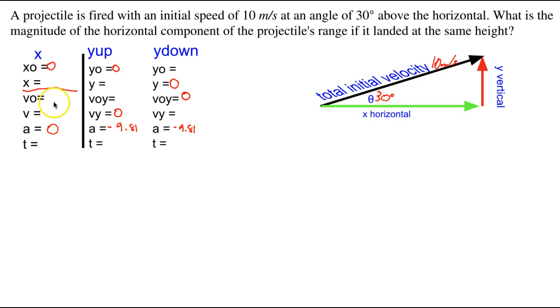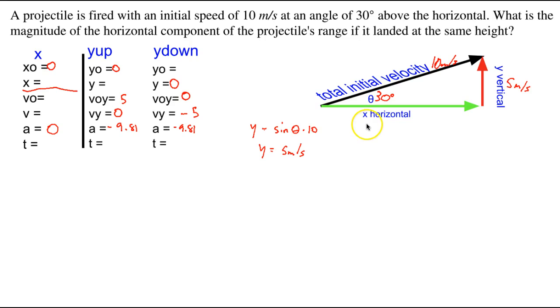Now I can calculate the initial velocity in both the x and y, so let's do that real quick. Since the y position starts and ends at the same point, there is no displacement, so I know that the final velocity down is opposite and equal to the initial velocity.